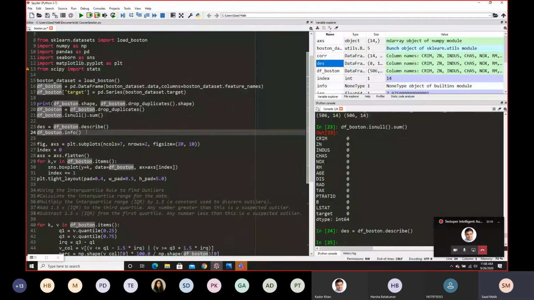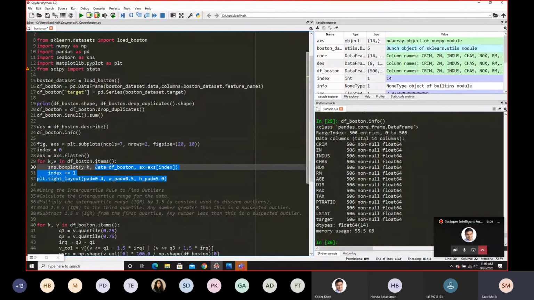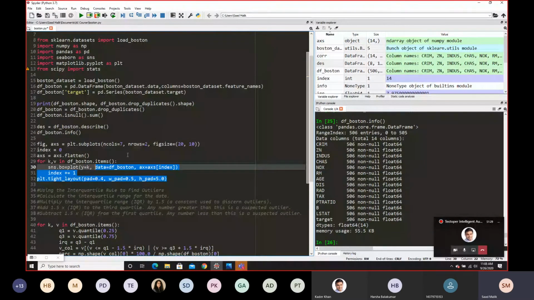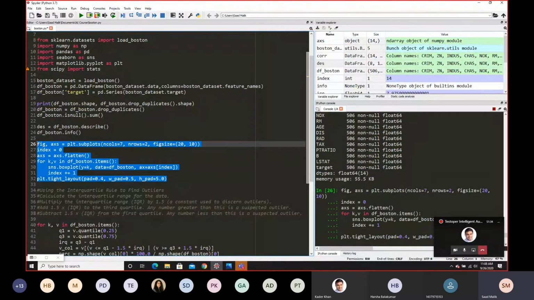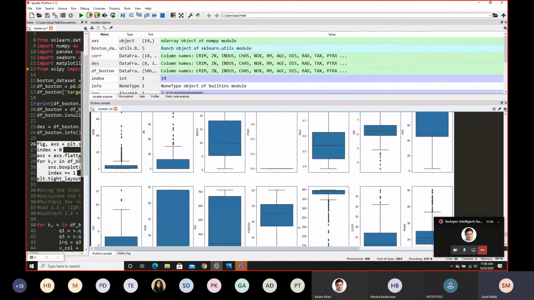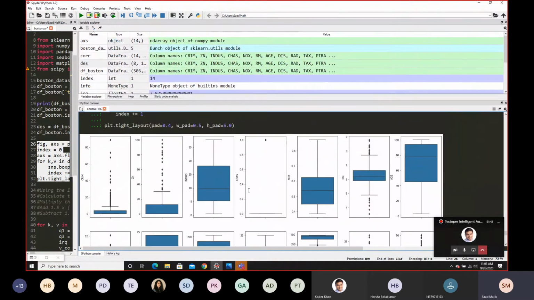Now let's say I want to visualize this describe output. We can use Matplotlib, which is a plotting library, to create subplots for each of these variables. The interesting thing is that it's going to highlight what it considers outliers in the data.